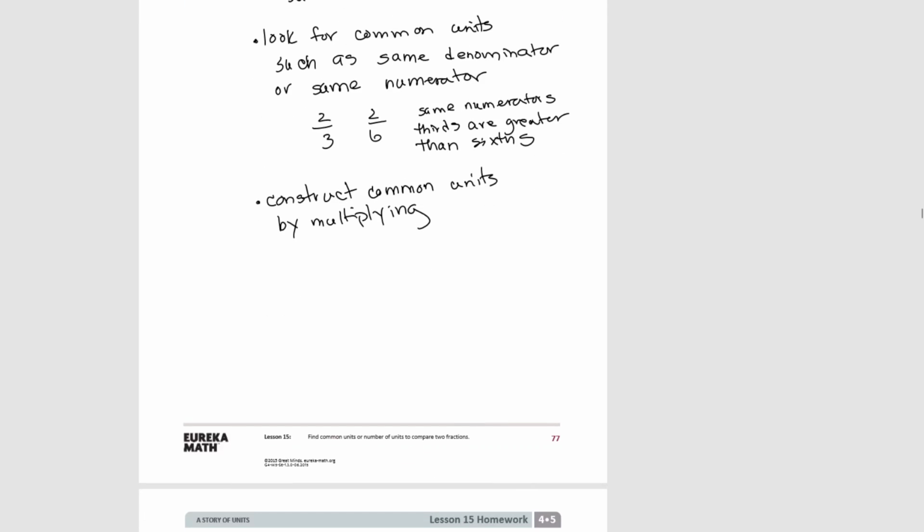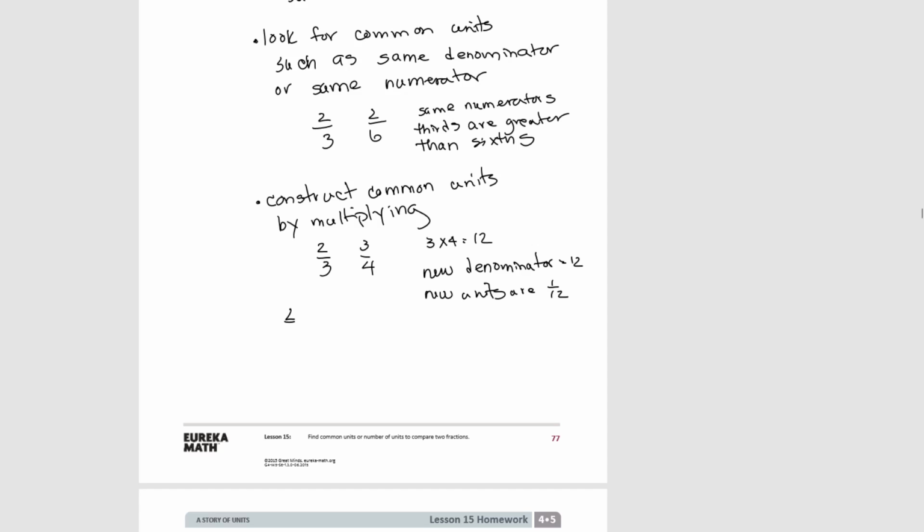For example, 2/3 and 3/4. 3 times 4 is 12. So my new denominator is 12. My new units are 12ths.